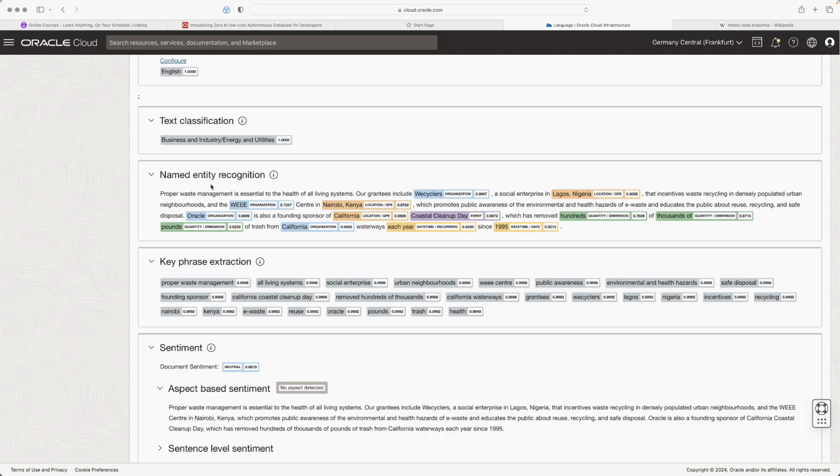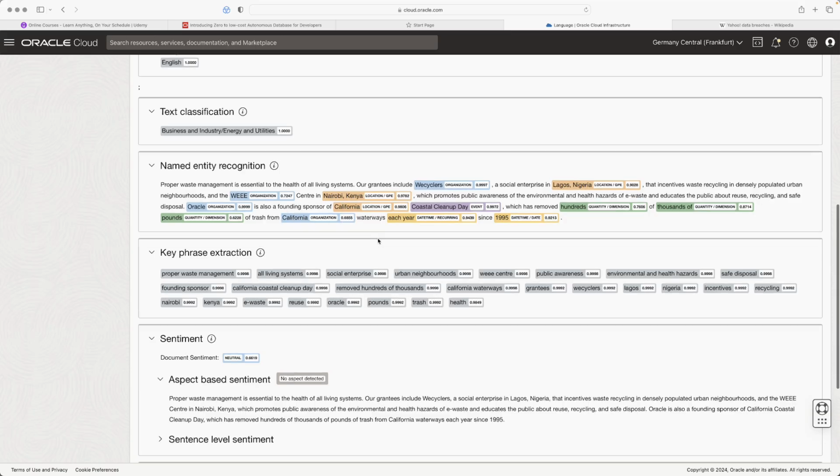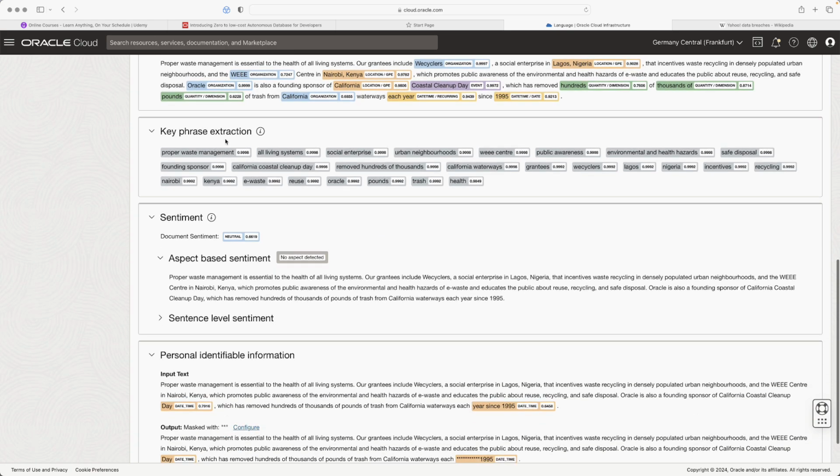Then, as I said, it can do named entity recognition. Just see how intelligent it is. It's able to identify the name of an organization, the name of a place like Lagos, Nigeria, and again the name of a location, Nairobi, Kenya. So it's that intelligent, right? And again, it can do key phrase extraction. It can find out what my key phrases are, like health, social enterprise, Nairobi, Kenya, and all these others.